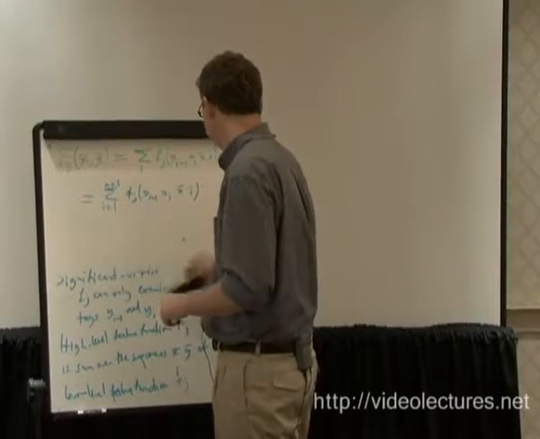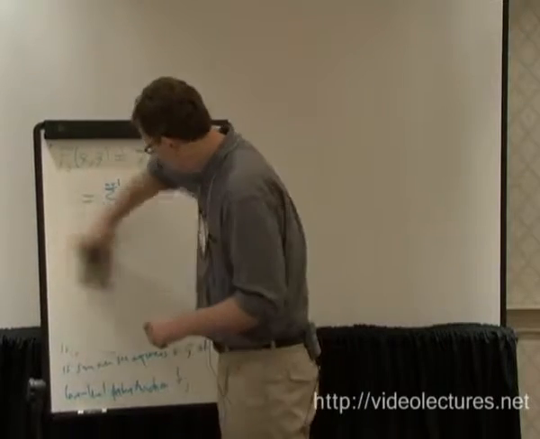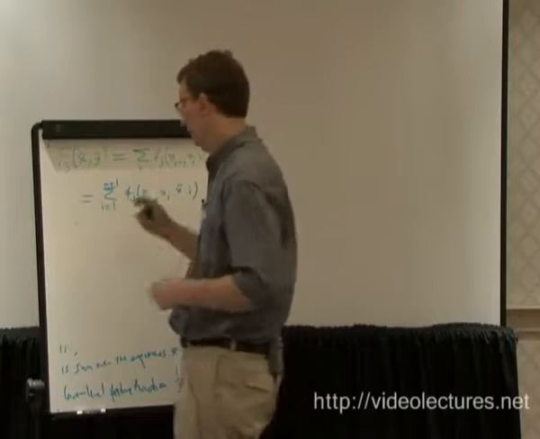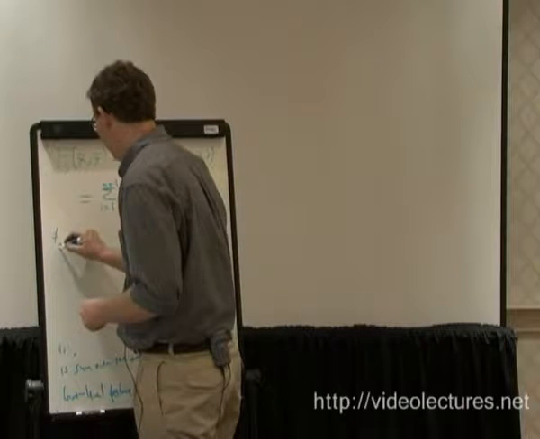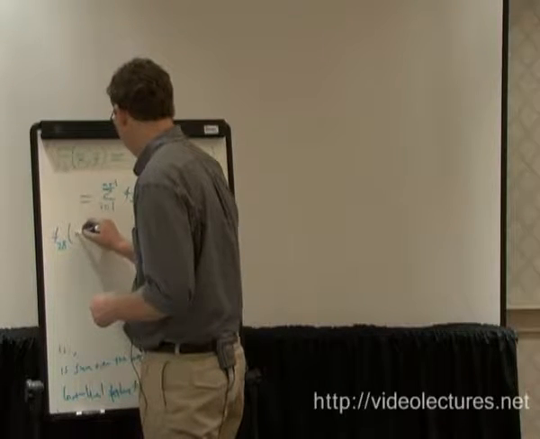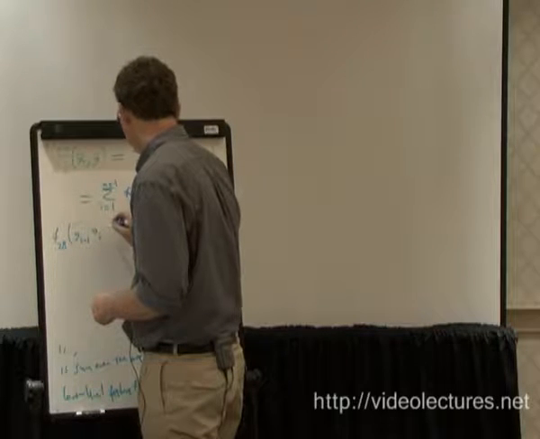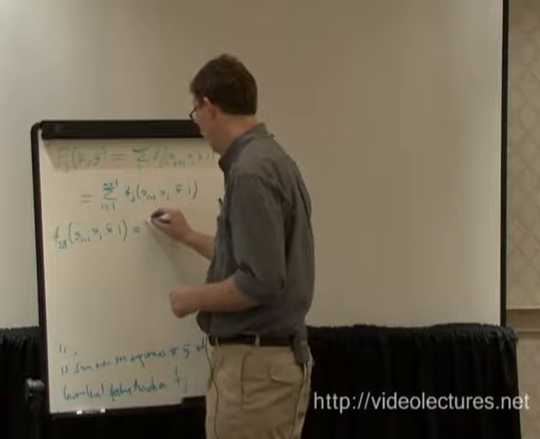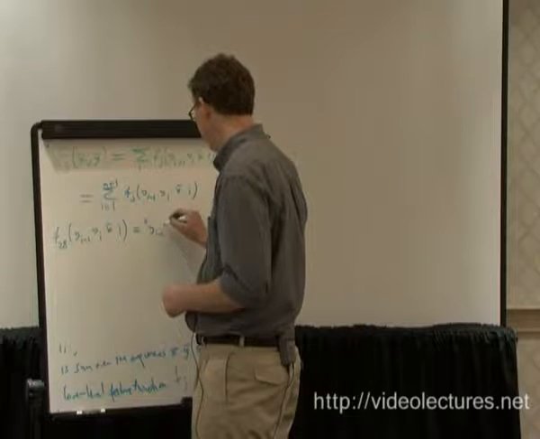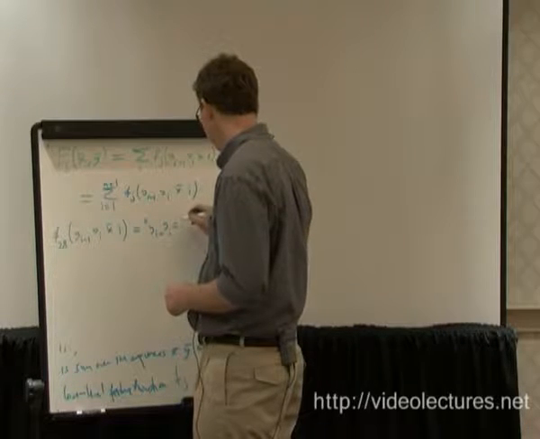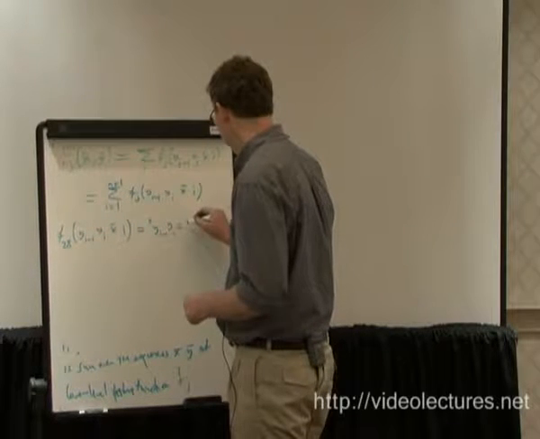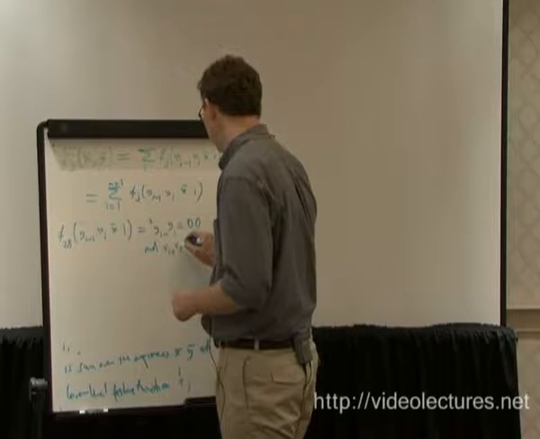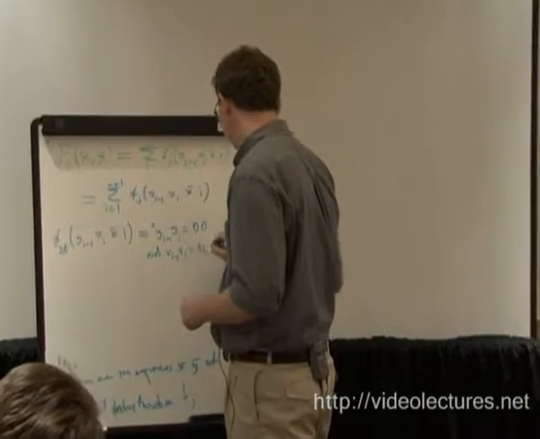So I might have, for example, f28 of yi minus 1, yi, x bar, i would be that yi minus 1, yi equals 0, 0, and xi minus 1, xi equals th.